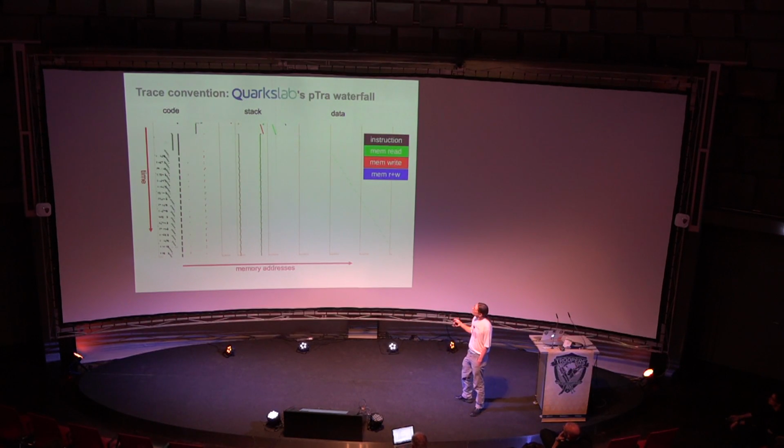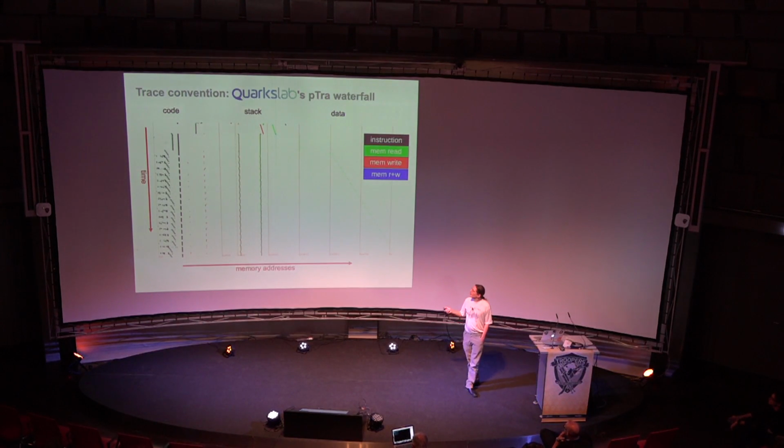Because actually, the time starts here and then goes down over there. So it's a bit like a waterfall for those who are doing software-defined radio. Maybe it speaks a bit to them. Then on the other axis, you have just the memory address range. And we have some color conventions.